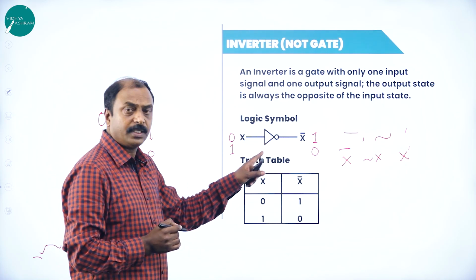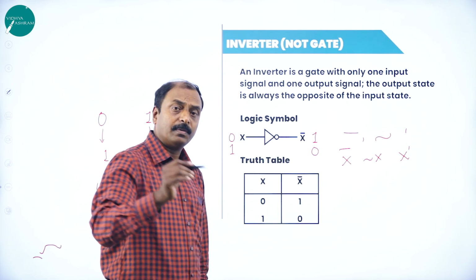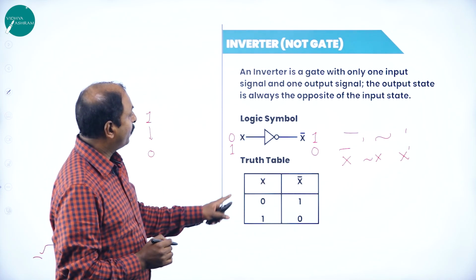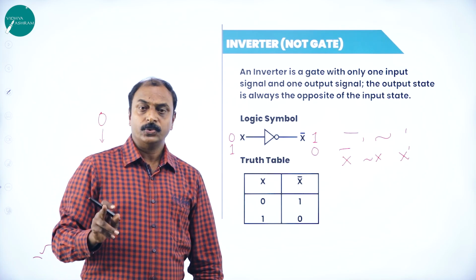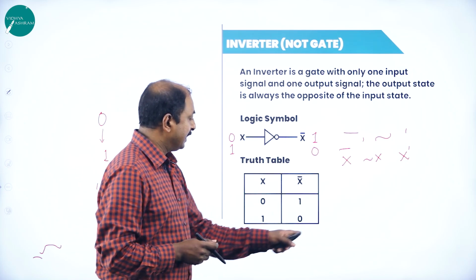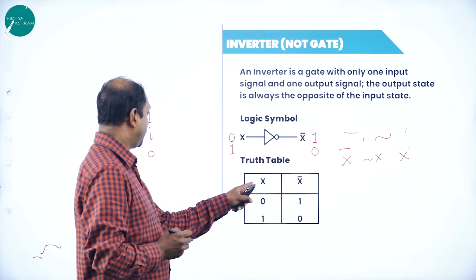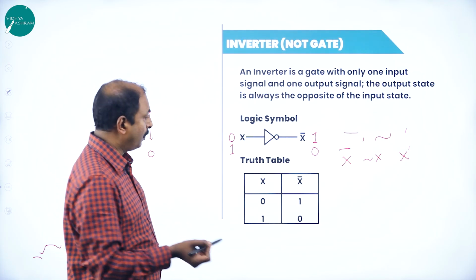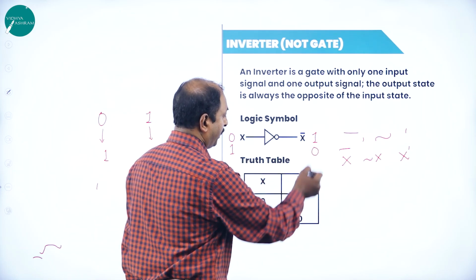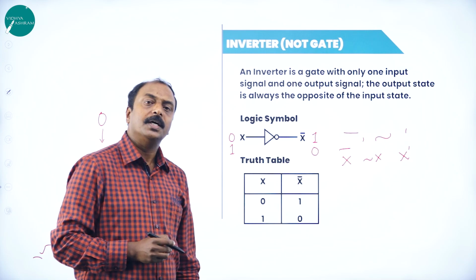If you have one input signal, there are two possible combinations, and we represent these in the form of a table called a truth table. What is a truth table? The possible values of the input signals, along with the output, put in the form of a table. Here X is the input with two possible combinations, 0 and 1, and the output would be 1 or 0. So this is the truth table for the NOT gate, or inverter gate.